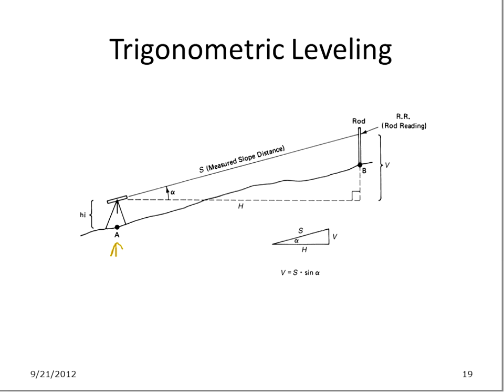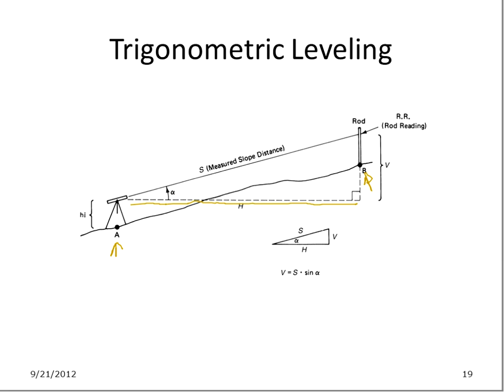So in this case, here's our point at A, and here's our point at B. We're trying to figure out the difference in elevation between point A and point B. With our level, well, we're not going to use a level because a level can only measure on this horizontal line, right? Like right here. Clearly, we would have to keep putting a rod every few feet all the way up this hill, and that's not really an efficient use of time.